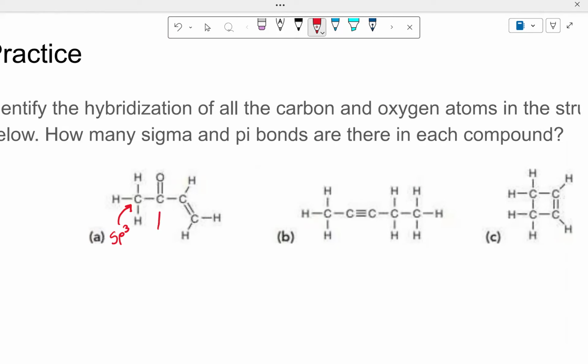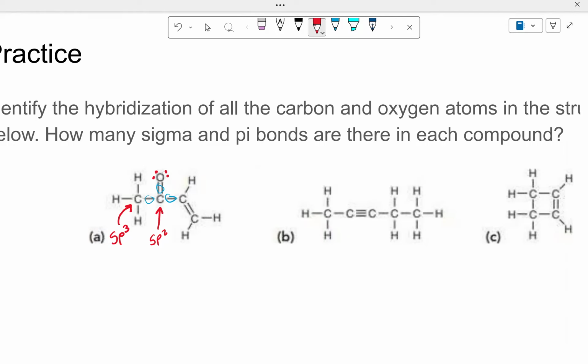How about this carbon in the middle? Well, it's got 1, 2, 3 regions of density around it. So that makes it sp2 hybridized. Now with the oxygen, and drawing these lone pairs here, oxygen is the same. It's got 3 regions of density around it, 2 lone pairs and that double bond.